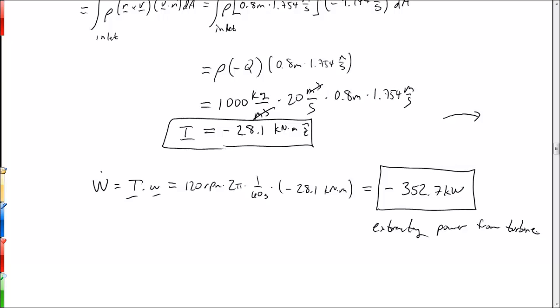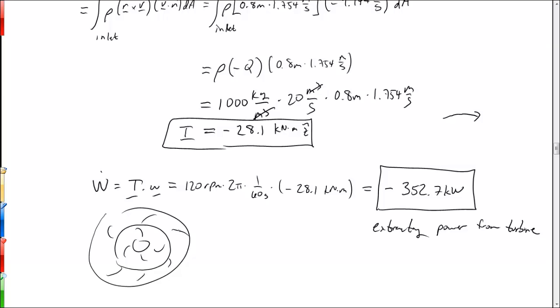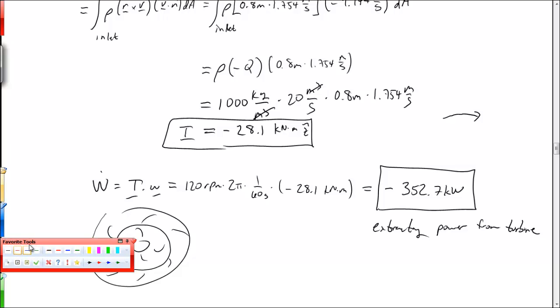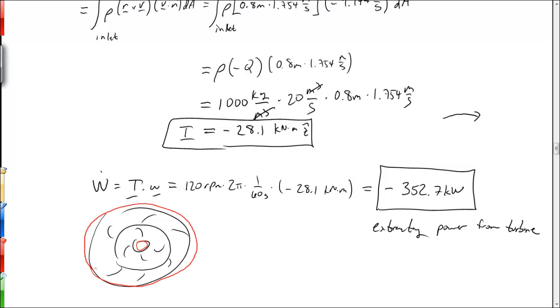And again, if you draw a control volume around both the stator and the rotor, which I've just drawn a very terrible control volume, but here's our inlet, here's our outlet, you should be able to show where the power is coming from. And I'll give you one small hint, which is don't think about angular momentum, but think about how you would go about calculating the pressure at either the inlet or the outlet of this system.